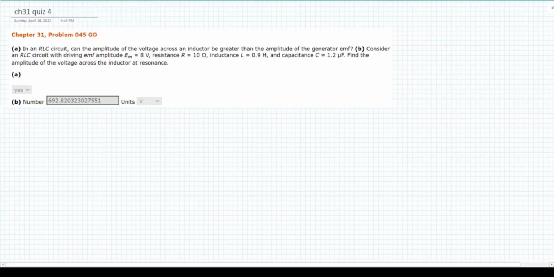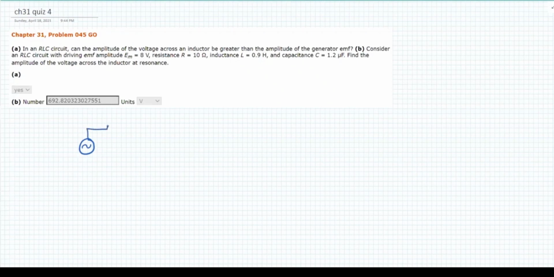Number one, an RLC circuit with a generator. Here's the generator, whether it's Consumers Power, DTE Energy, some nuclear power plant, whatever.